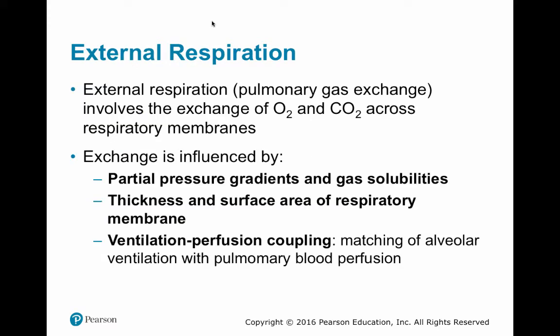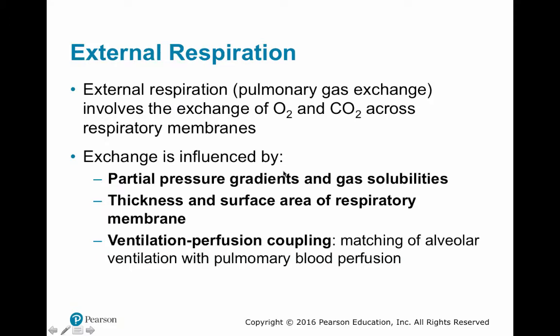When we're talking about the partial pressure gradients and gas solubility, right, there is a steep partial pressure gradient for oxygen that exists between the blood and the lungs. For the blood, it's about 40 millimeters of mercury. Pressure in the lungs, it's 104.